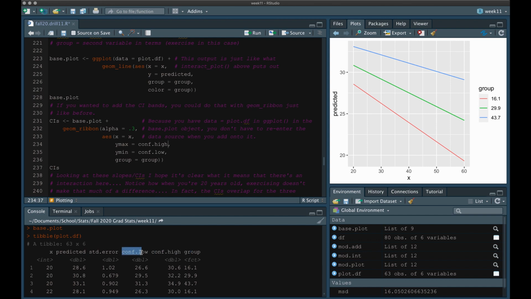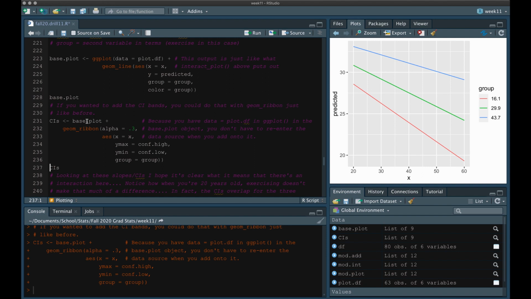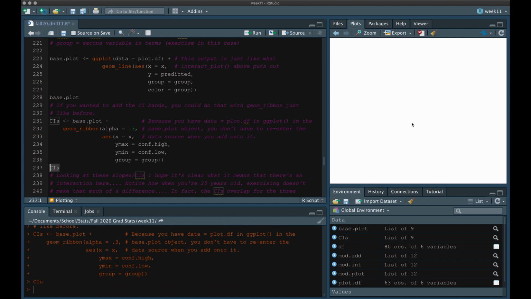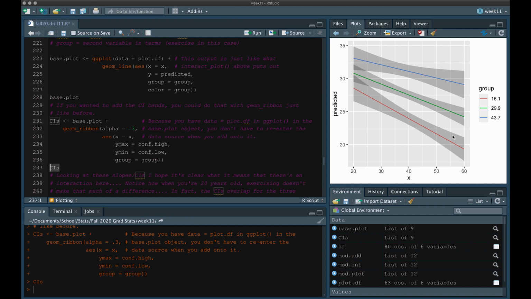Our Y min will be conf low. And then our group, again, because we have three separate confidence interval ribbons that we want here, we group it by that grouping variable. And now I created this object called CIs. And when we look at that, we now have confidence intervals around our regression lines.